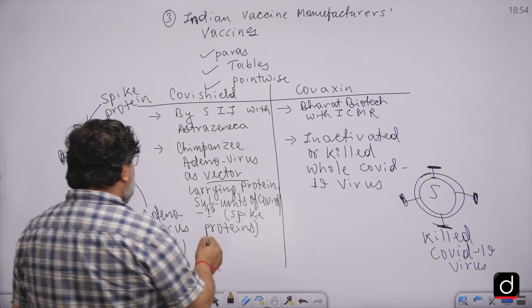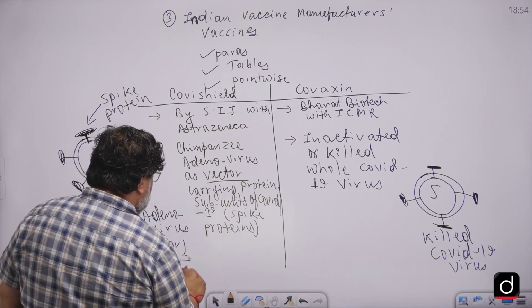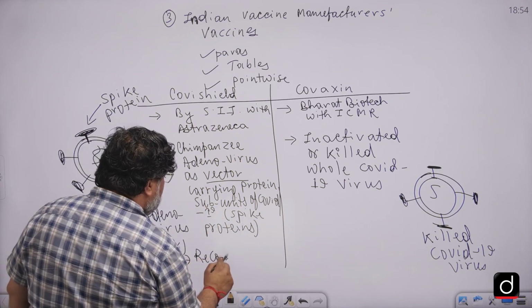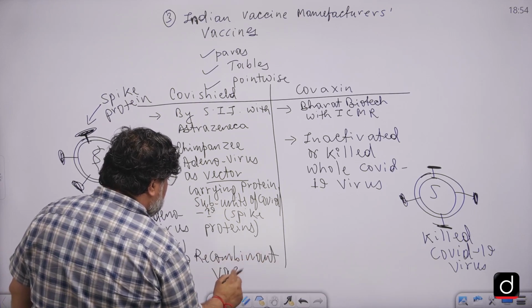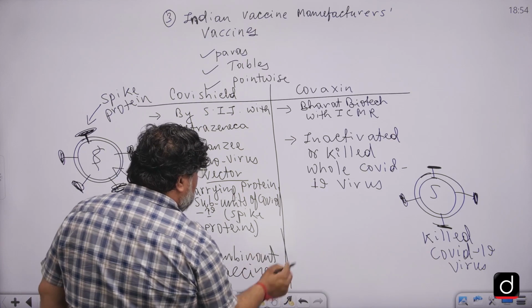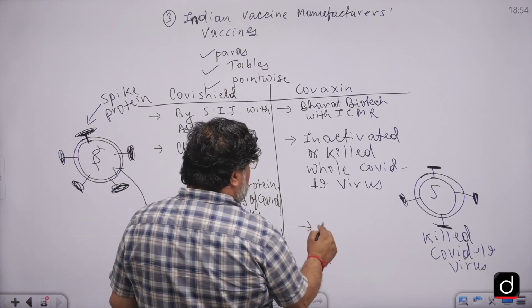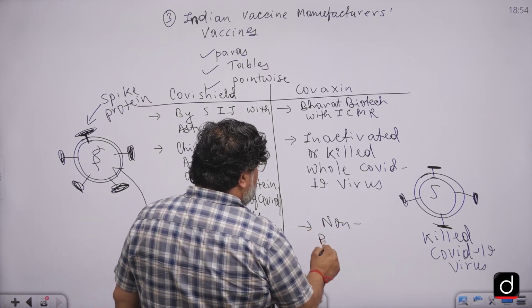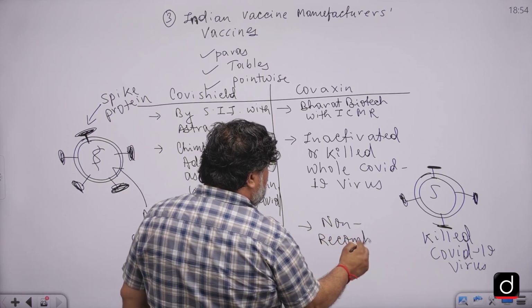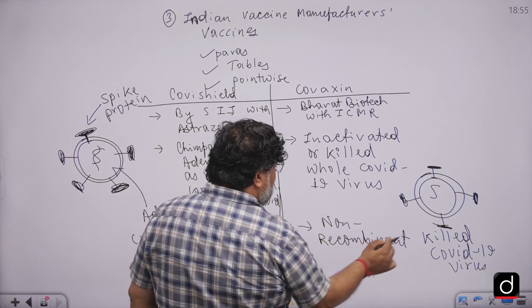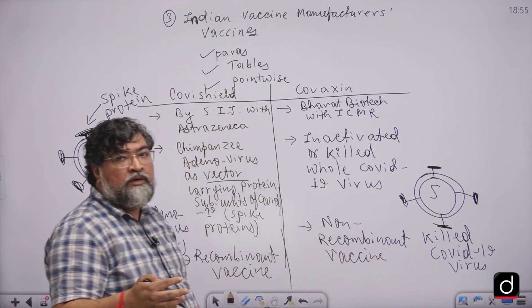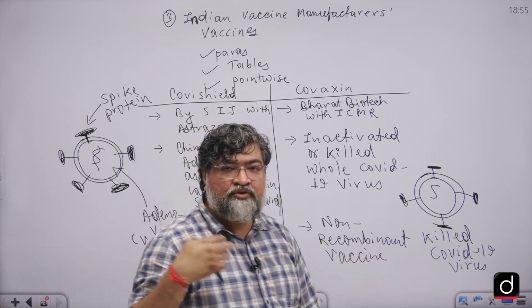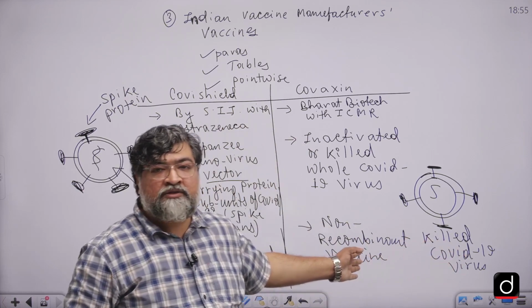So here you can say it uses recombinant technology, it is a recombinant vaccine. And this is a normal, non-recombinant vaccine. A simple dead pathogen is used, just similar to polio. We use this kind of method, which Bharat Biotech has done.